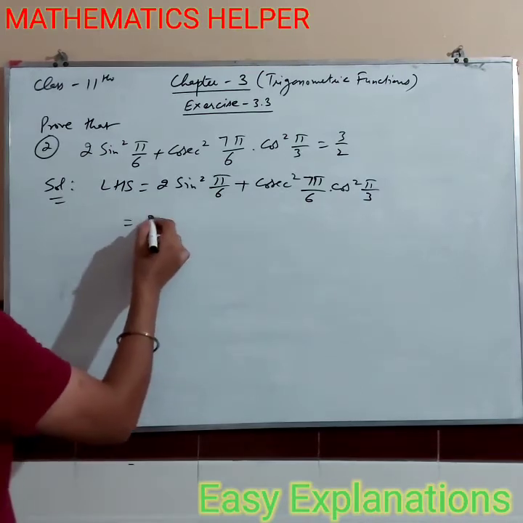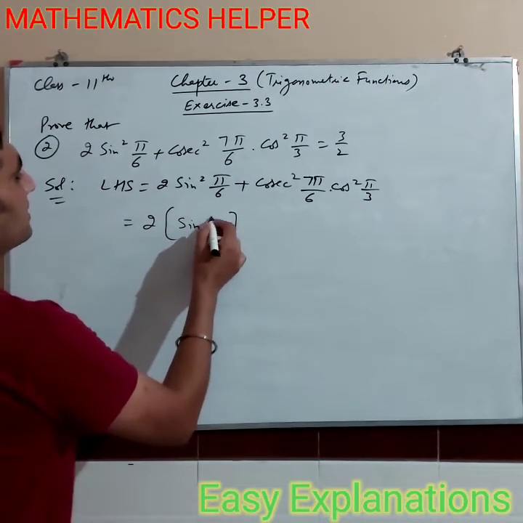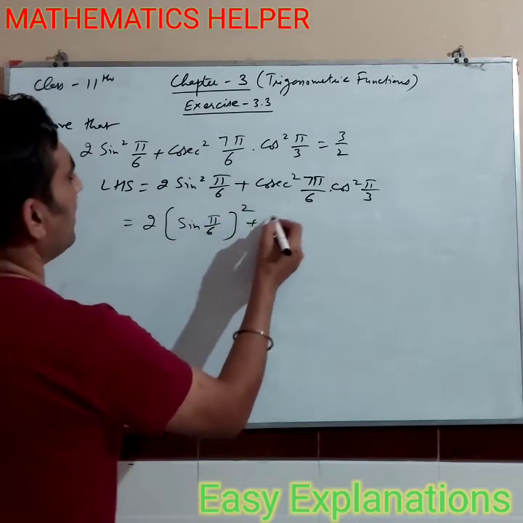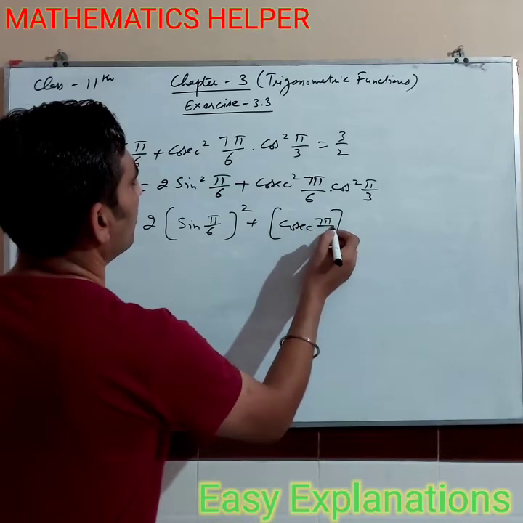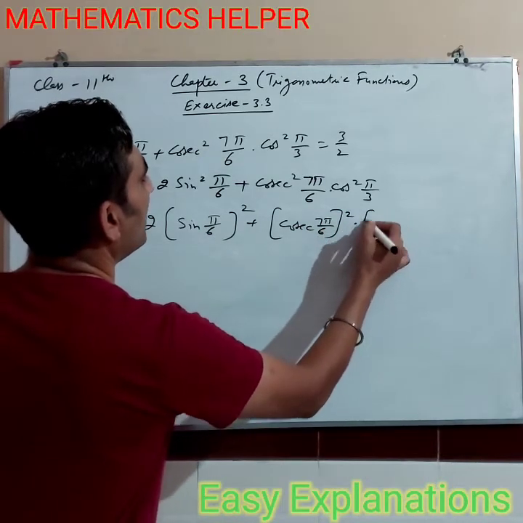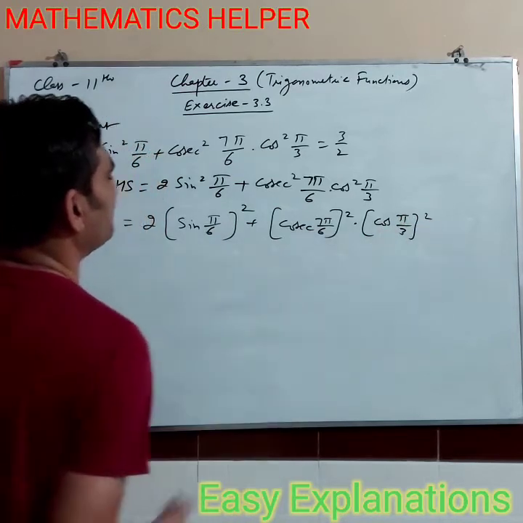So here you have 2. Let's write it as the square of sine pi over 6. Similarly, here it can be written as cosecant 7 pi over 6 raised to power 2, and lastly you have cos pi over 3 raised to power 2.